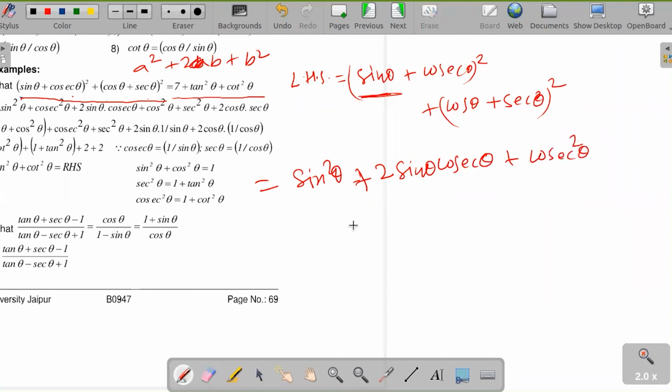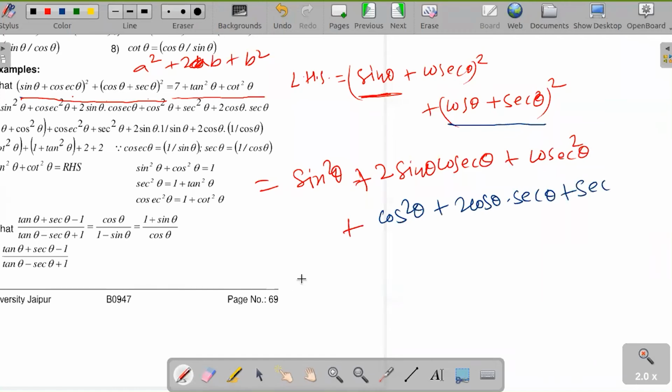Now plus again, we will break this one again: cos square theta plus 2 cos theta into sec theta plus sec square theta.